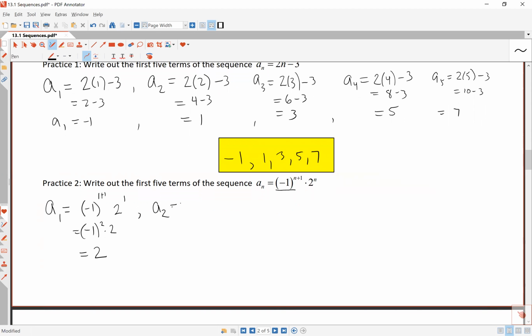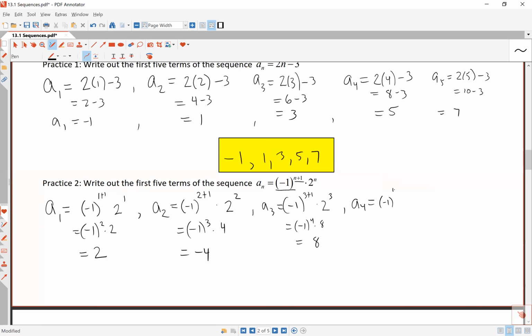The second term, 2 plus 1, or n plus 1, and then 2 to the n. Now we're at negative 1 cubed times 4. And now we're back at negative. The a3, negative 1 to the 3 plus 1 is negative 1 to the 4th times 2 cubed is positive 8.